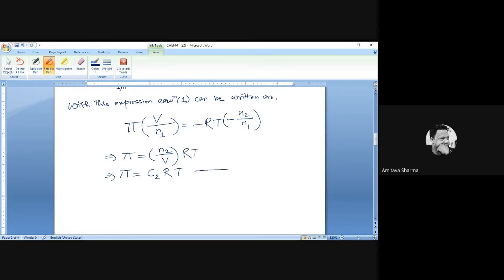So this expression is question 7. Now I am going to use this expression first. So first I have determined which theory I am going to use to determine the molar mass of a polymeric solution.